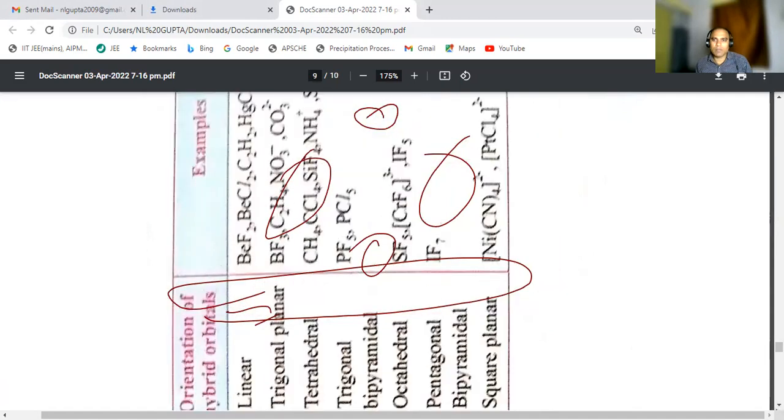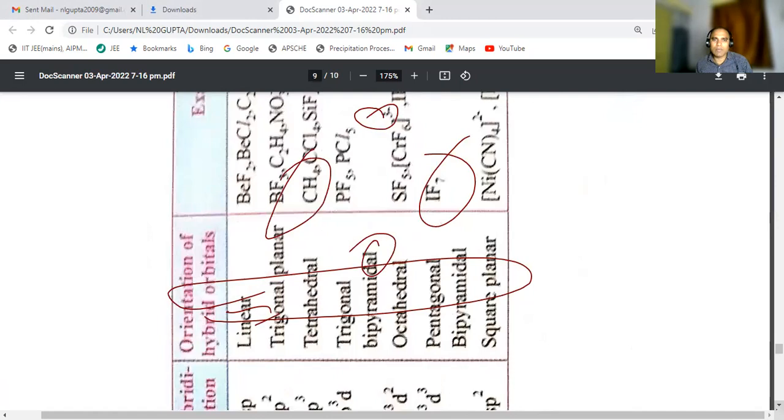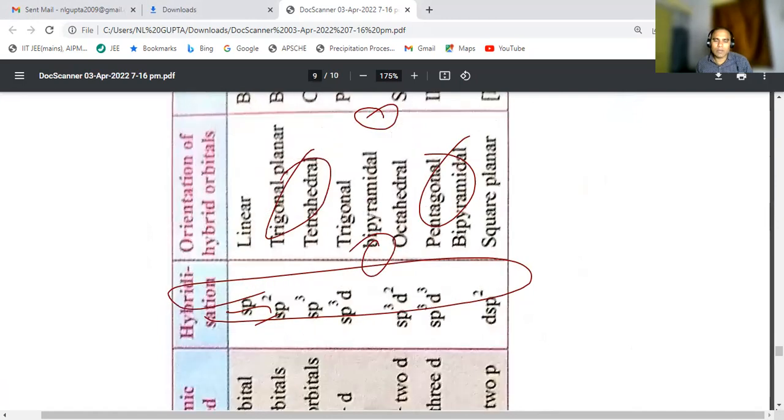What have they given in the list? You can see, I may go to this page.